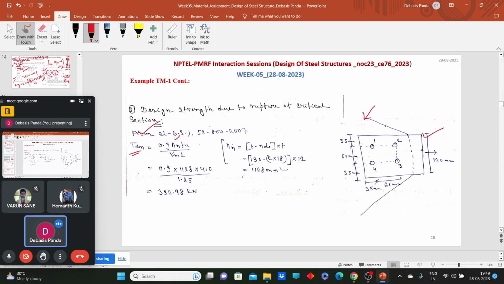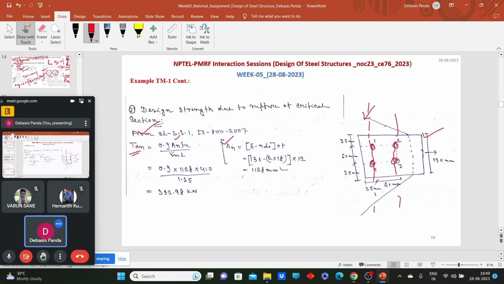An is the net area, or we can say the area at the critical section. So here we have two sections, 1-1 and 2-2. The two sections are symmetric because in both sections we have two bolt holes, right? We have similar bolt holes. So we can calculate the An.